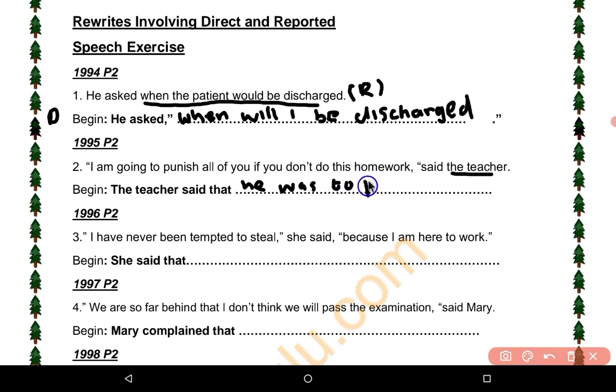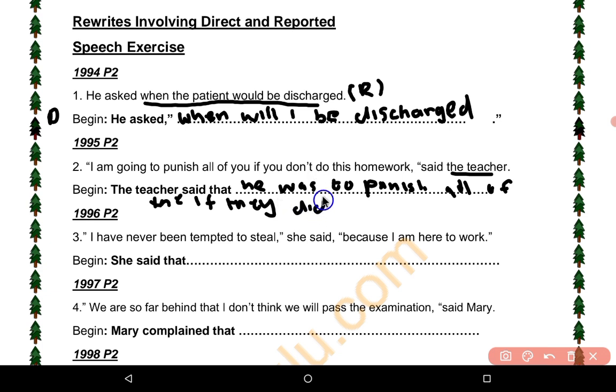He was going to punish all of them. You changes to them, all of them, if they don't, you change to didn't.